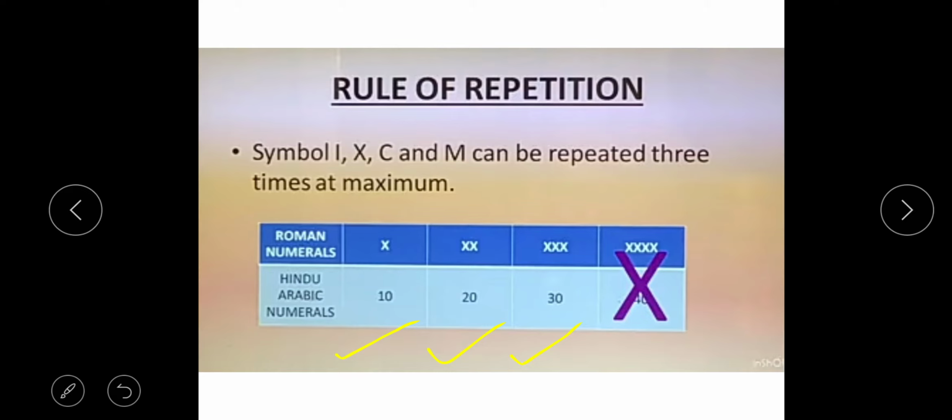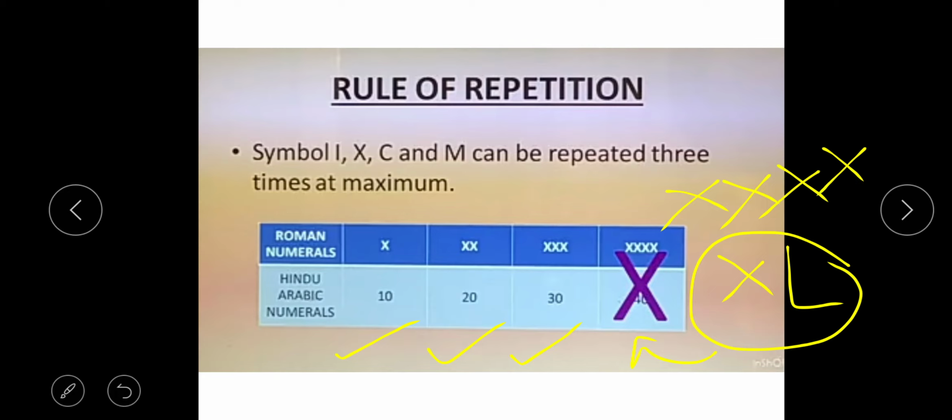There is a 40. But the rule says that I, X, C and M can be repeated only a maximum of thrice. Here X would be repeated 4 times to write the number 40. So how do we write it? We write XL. This shows the number 40, but we can't write X 4 times.